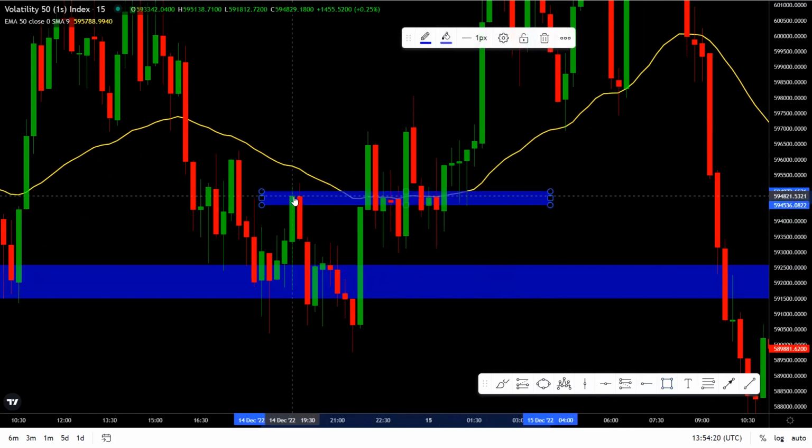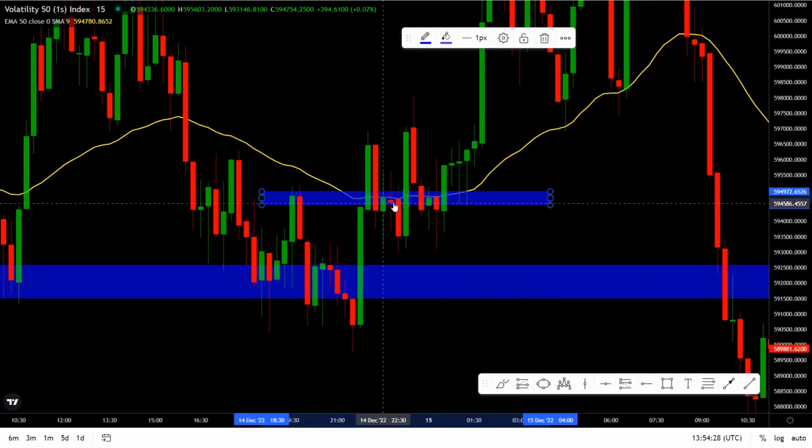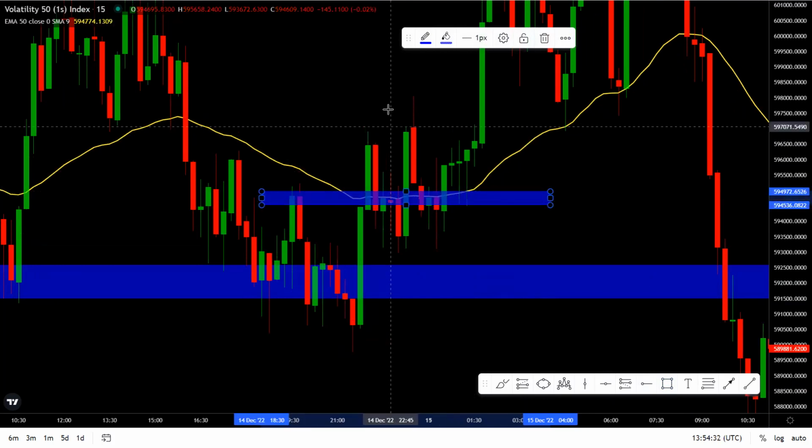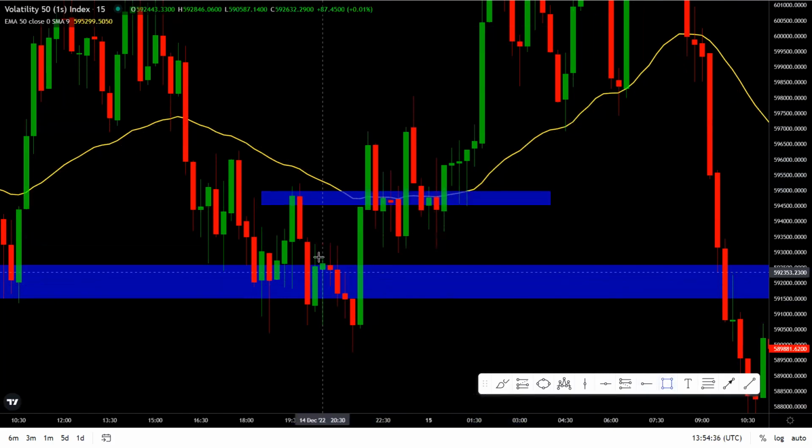So if you look, we had this level previously as a resistance, and now clearly price has broken above the level. So at the retest of this level, I would very much be looking for potential long opportunities.